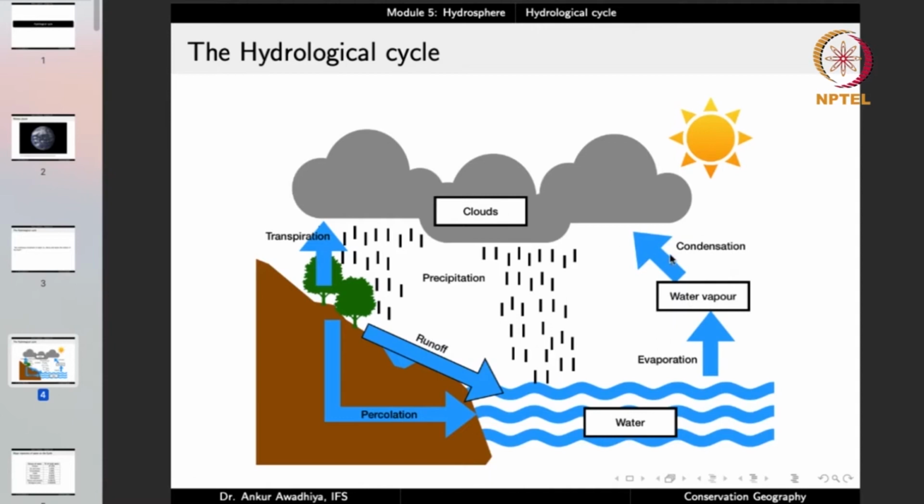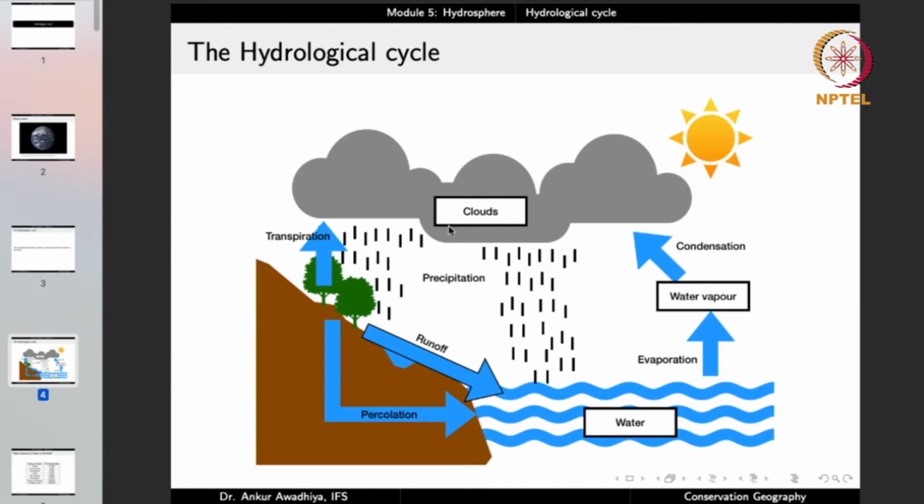Now in the atmosphere, it can move from one place to another with the winds. So it moves up using convectional currents, and it also moves through advection. And when it cools down, it condenses. When it condenses, it forms structures such as clouds. But there are also a number of other structures such as fog, mist, haze and so on.